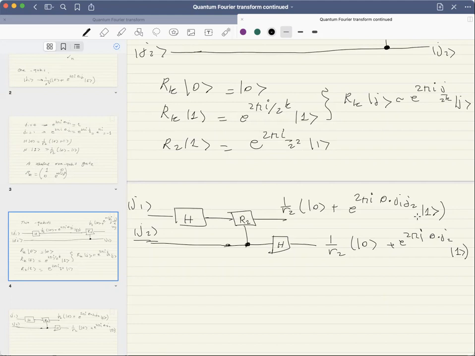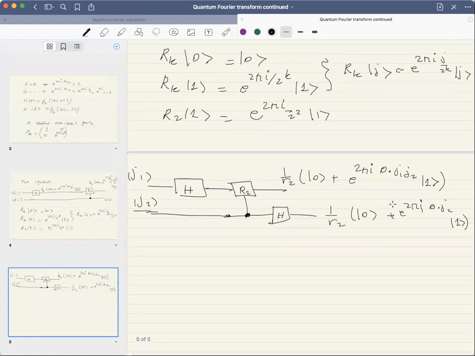It's just 2 states are swapped. Okay, so I can do that, and then this performs a Fourier transformation on a 4-dimensional space for n equal to 2.